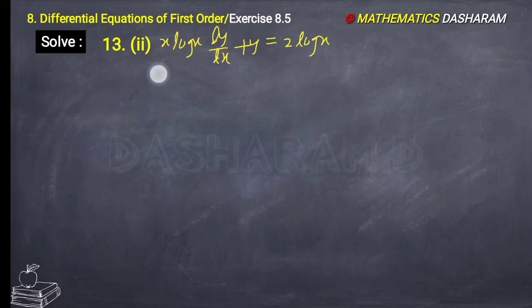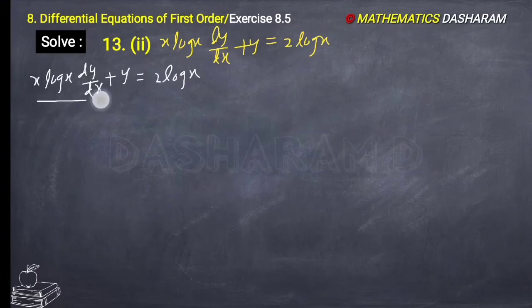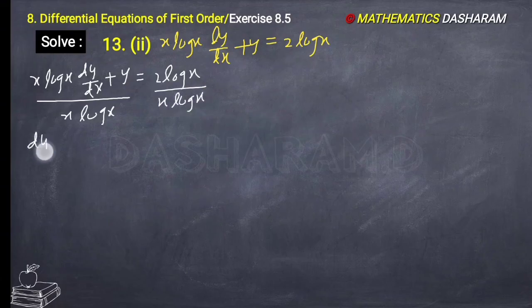Second question, x into log x dy by dx plus y equals 2 into log x. So here left side divide with x into log x and right side also divide with x into log x. So then split into two fractions, dy by dx plus y by x into log x equals, here log x cancels, 2 by x.